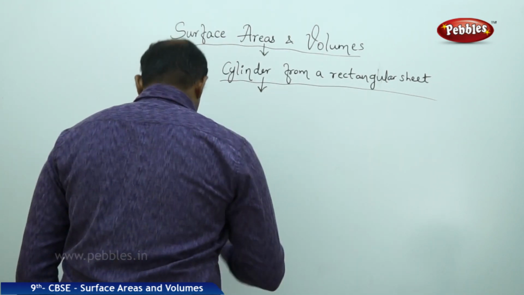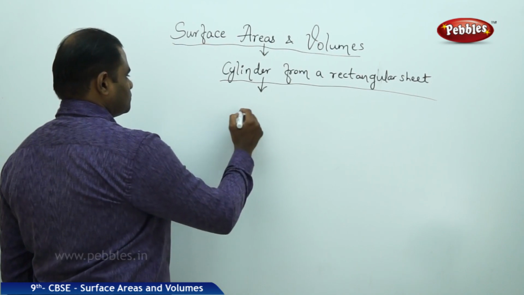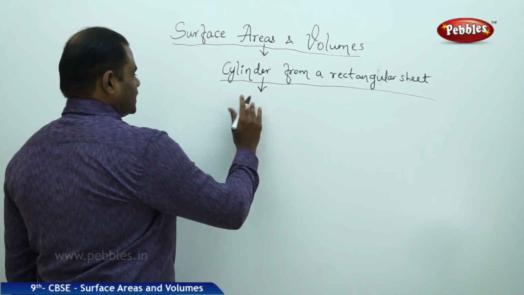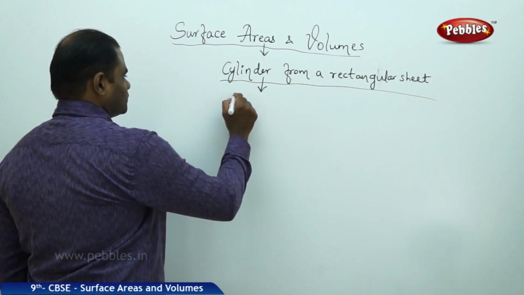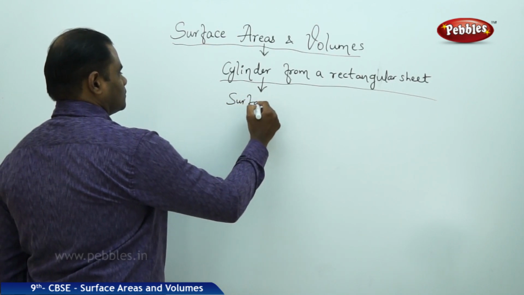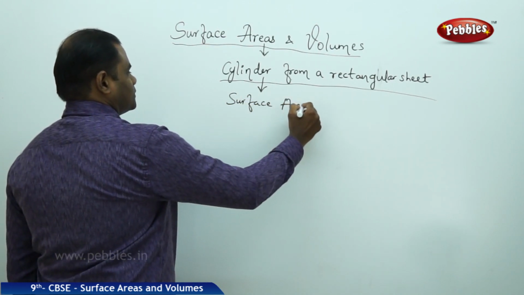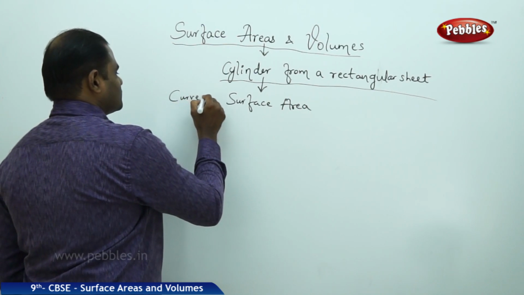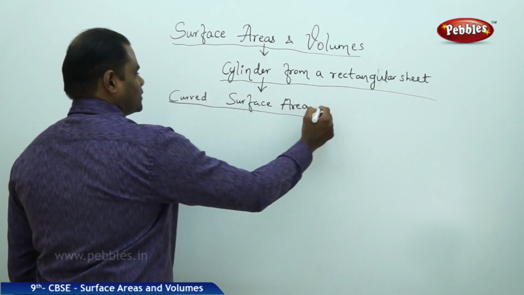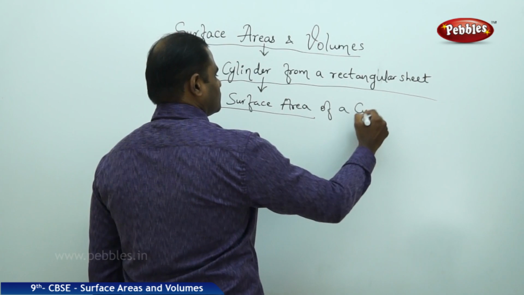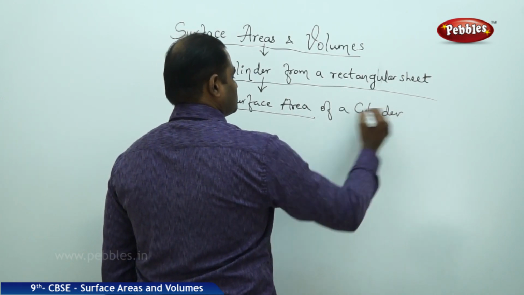So in this case, I see a rectangular sheet with, let's see, the curved surface area of a cylinder.